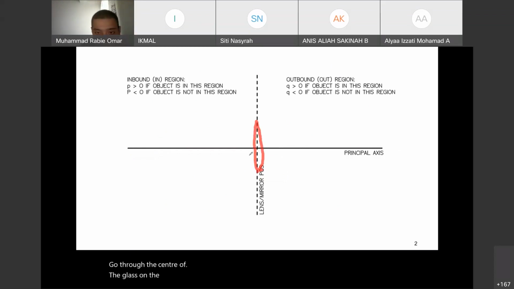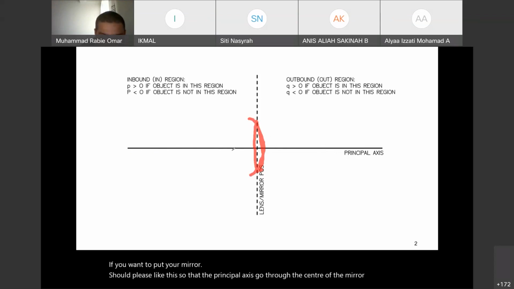So it should be at the center. Okay, you need to remember that. And if you want to put your mirror, you should place it like this so that the principal axis goes through the center of the mirror. So this is the side view of the mirror.